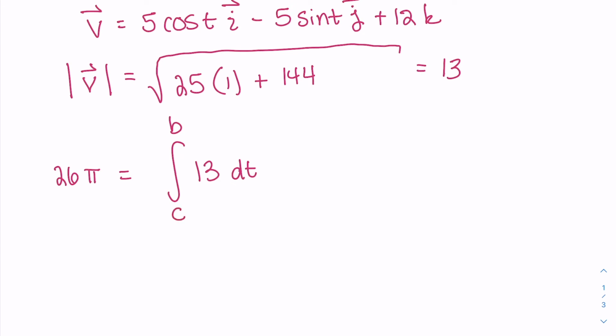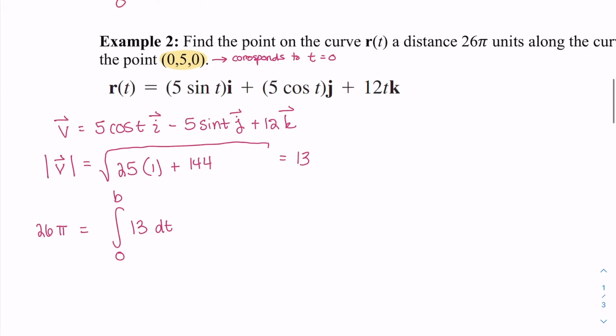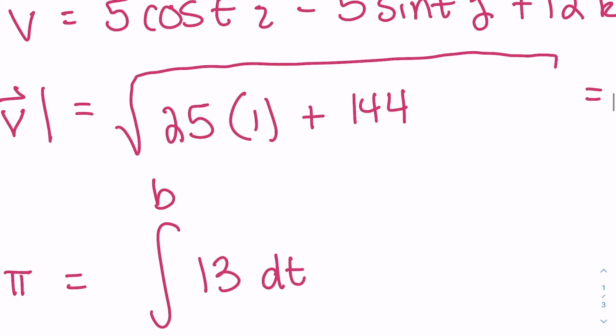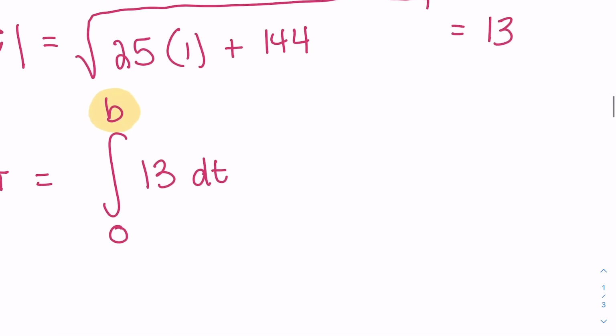And now we're trying to find the point 26 pi units away. So what we're looking for, we're solving for this t value. And then we can plug in the t value into our position function to get the point corresponding to that t value. So let's do this real quick.